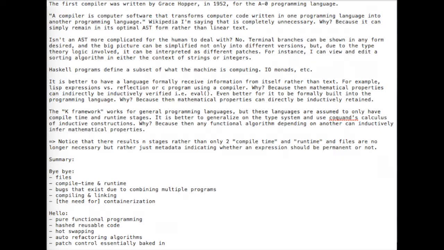Because the program can be dealt with in its optimal abstract syntax tree form rather than linear text. Now, this isn't an absolute rule for everything. Obviously, there's hardware, like when you're talking about the very hardware level with graphics cards and things like that. I'm just talking about software development.